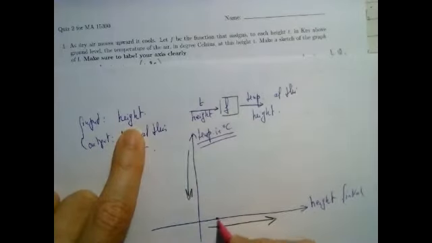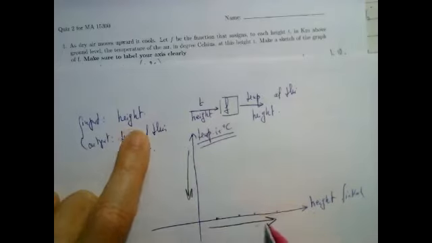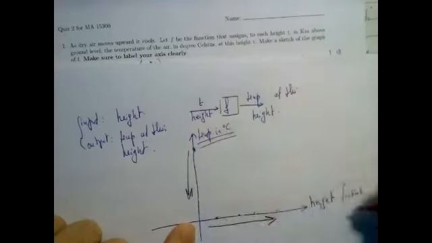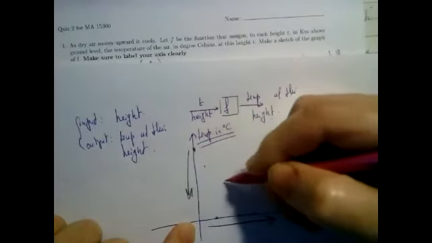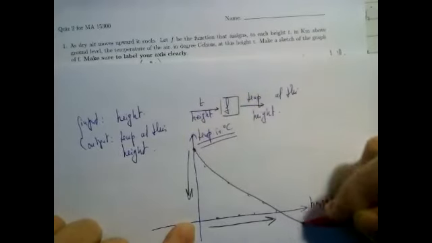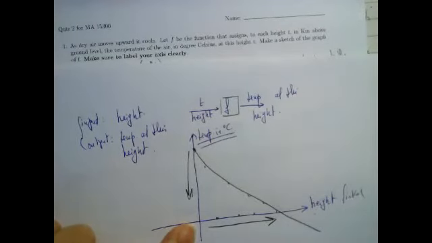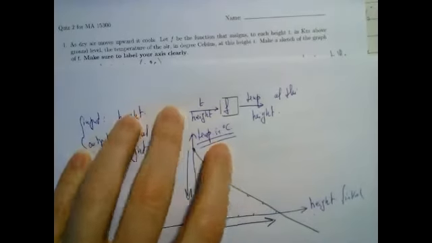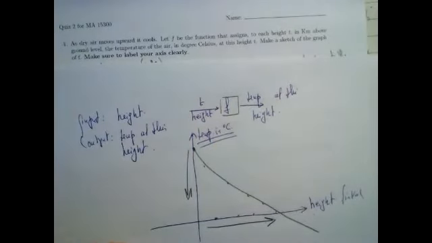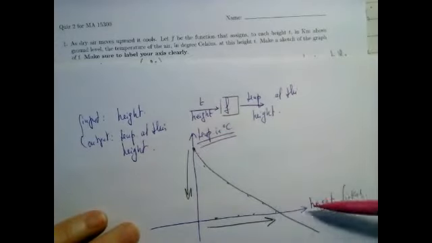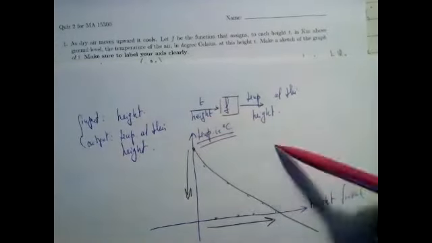So when you are sketching the temperature as a function of the height, as the height increases, the temperature goes down and down and down. So the graph is a decreasing function. And that's how we do this problem. A lot of you lost points right there. Those are important problems to start understanding how the function acts, and how the input changes the output.